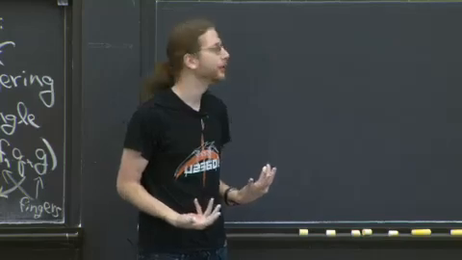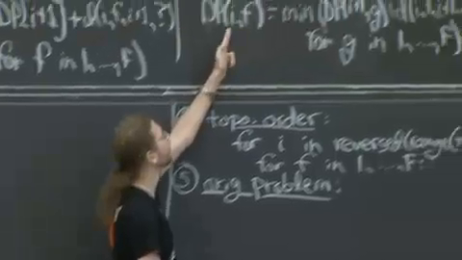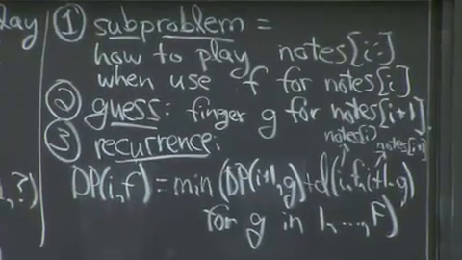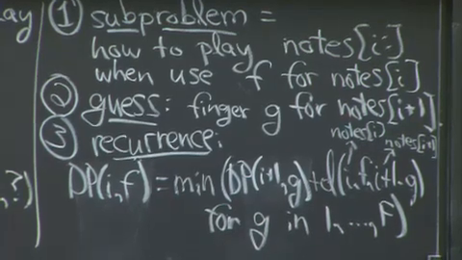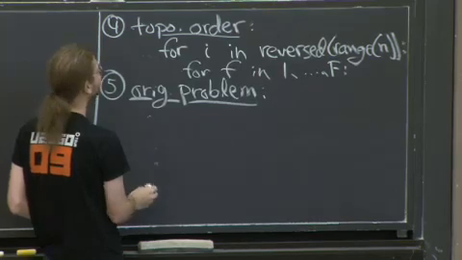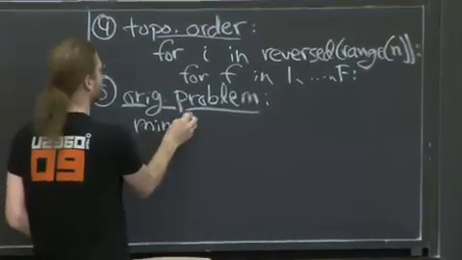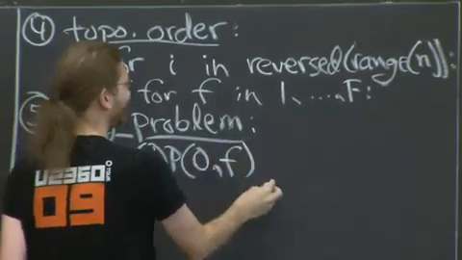That's notes of 0. But what finger goes there? I don't know. And dp of 0 requires us to give it a finger. Give it the finger for whatever is the first note. So this is pretty easy, though. We just take a min over those choices. Which finger should we give it?